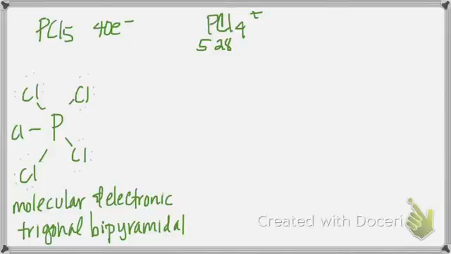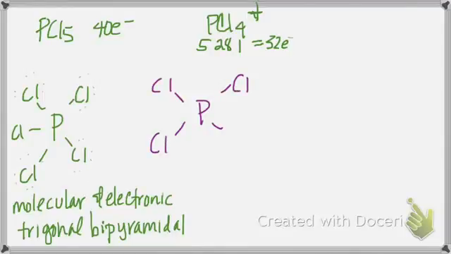Let's keep going. So we're going to draw the PCl4+, and it's got a plus 1 charge, so we're going to have to remove an electron. When we do that, we should get 32 electrons. So we're going to draw our structure. Let's do it in a different color so that we're not getting confused with the two structures. So we're going to have P, and we're going to attach 4 chlorines. And then we are going to give them their lone pairs, and make sure everybody's got their 8.